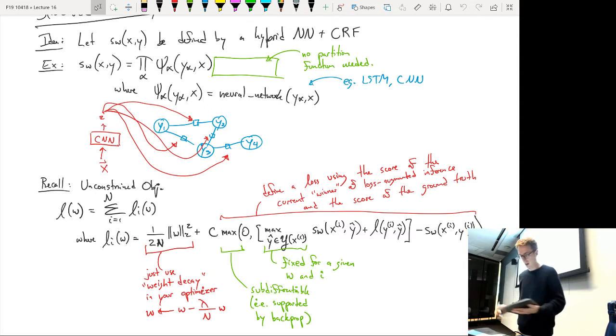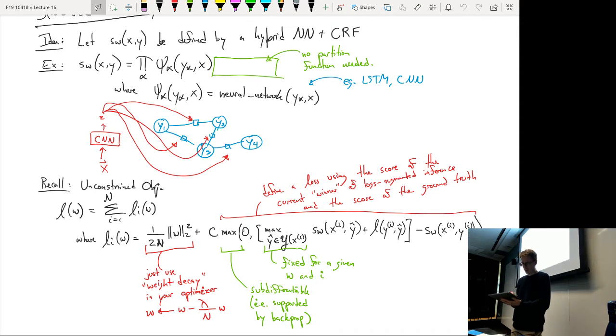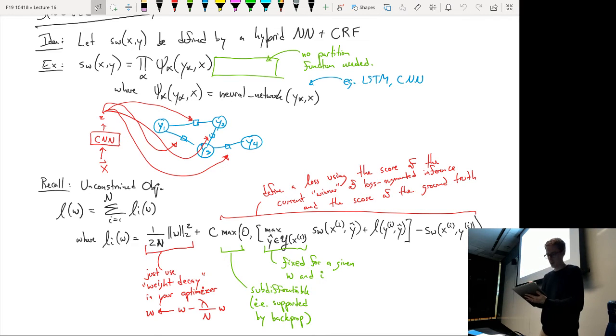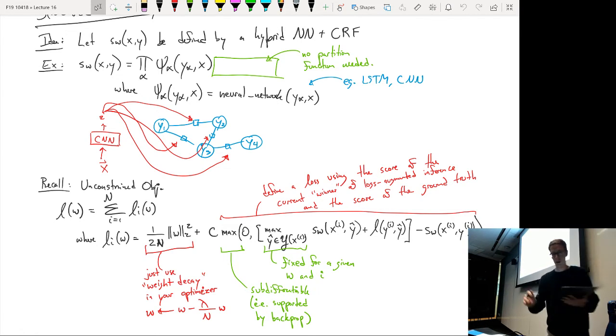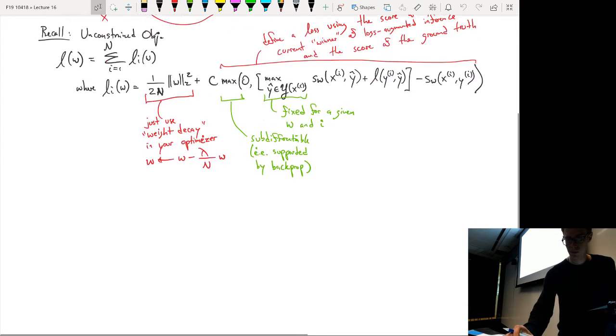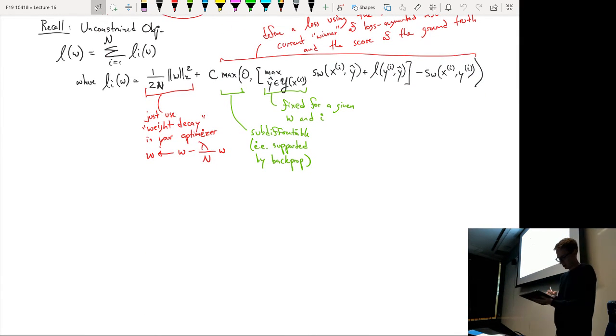Okay, so we've talked a lot about loss augmented inference. I wanted to actually have us look at an actual example of loss augmented inference. So this, we're going to say, is a new section.